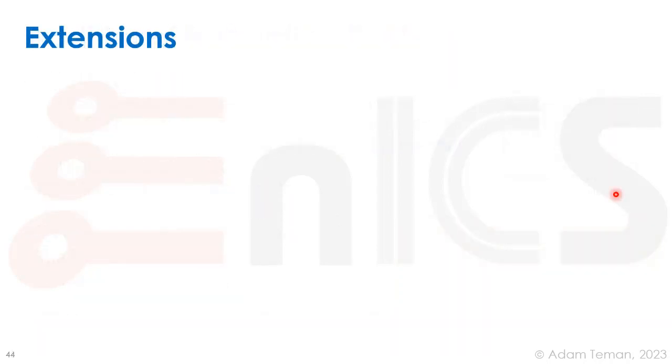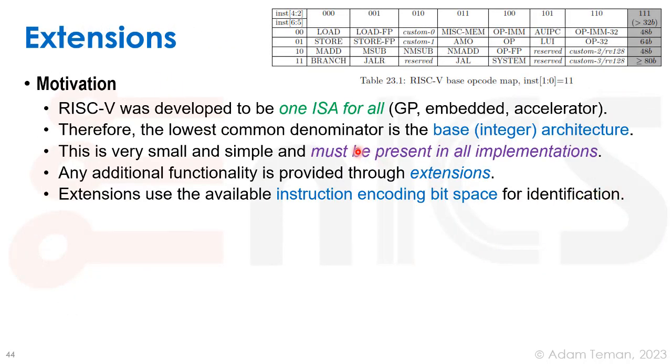So I've said this word extensions a lot, but the motivation for this is that, as I mentioned at the beginning, RISC-V is supposed to be one instruction set architecture that's used for everything: for general purpose computing, for embedded computing, for accelerators, and so forth. So you have a tool chain that's been developed and stable, and you can use it. You don't have to define a new architecture for each type of little accelerator that you make and make a compiler for it and so forth.